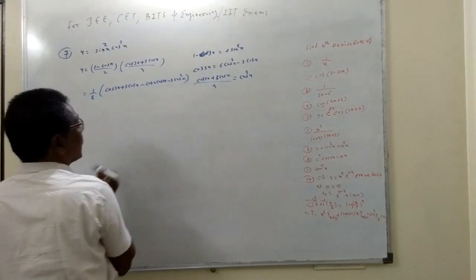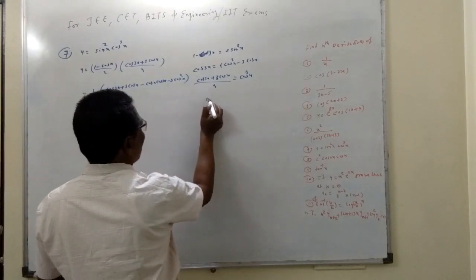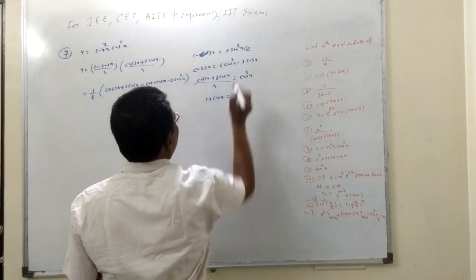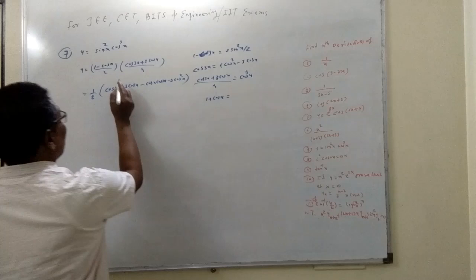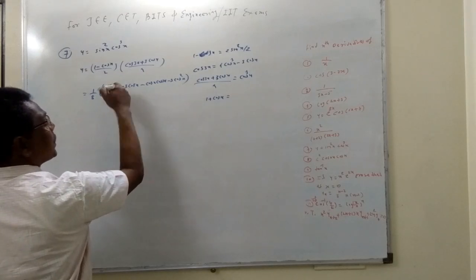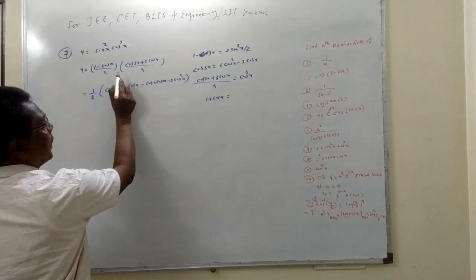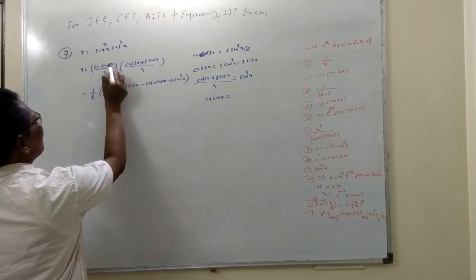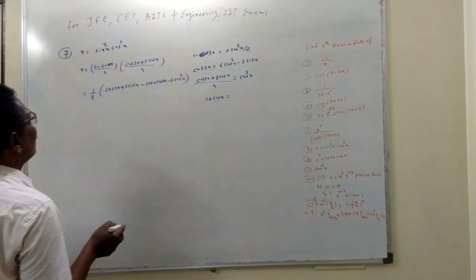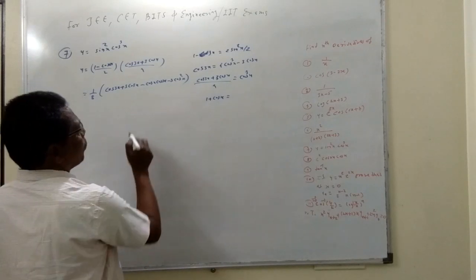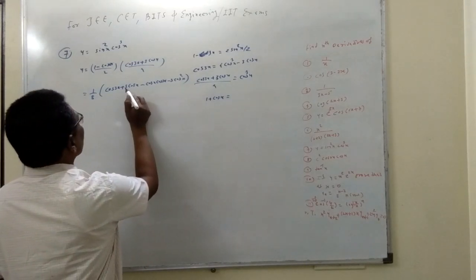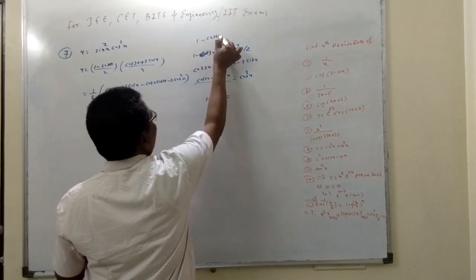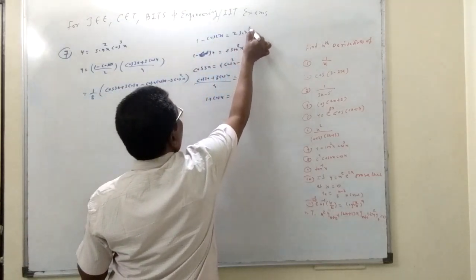cos square x. Now you know this formula: 1 plus cos x, 2 cos square x by 2, 1 minus cos x, 2 sin square x by 2. So here the angle is 2x. 1 minus cos 2x is 2 sin square x.